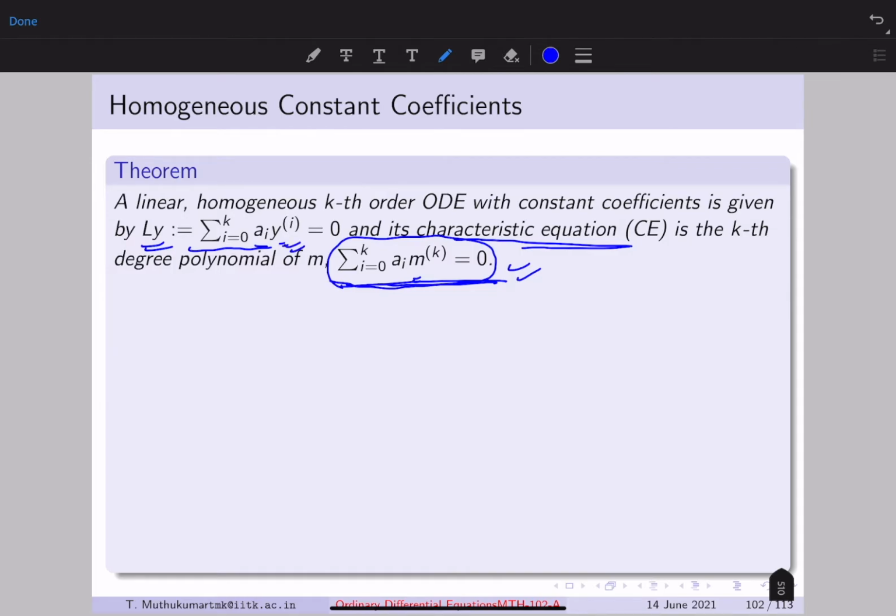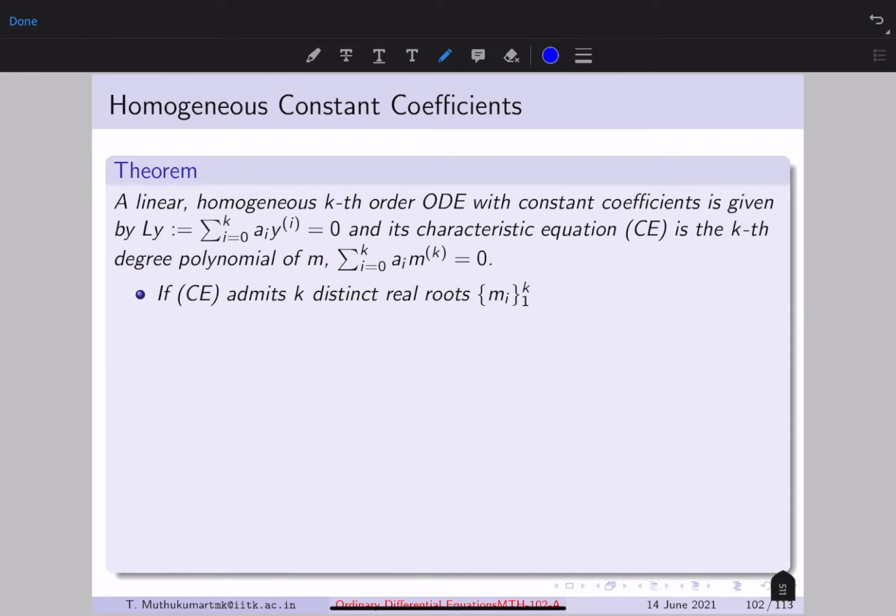That is what this theorem tells you. So what are the different cases? This is of kth degree, which means we know from the fundamental theorem of algebra that it should admit at most k roots.